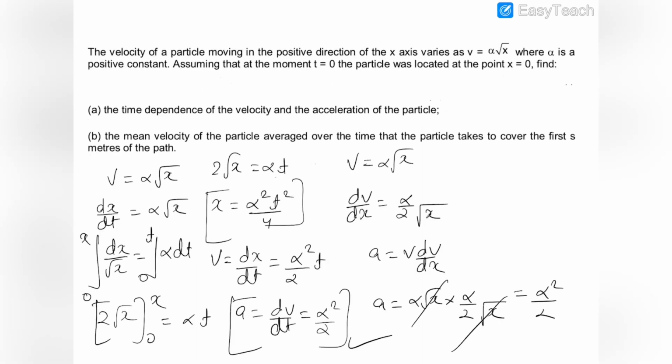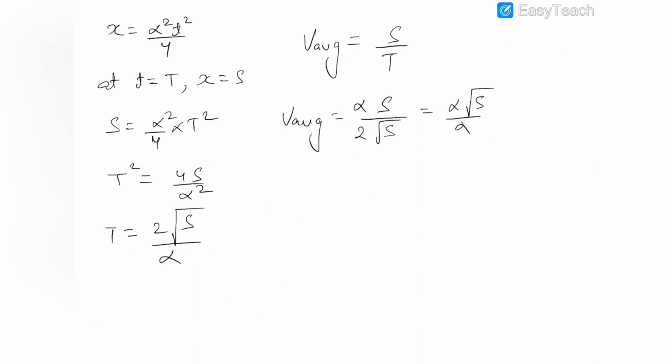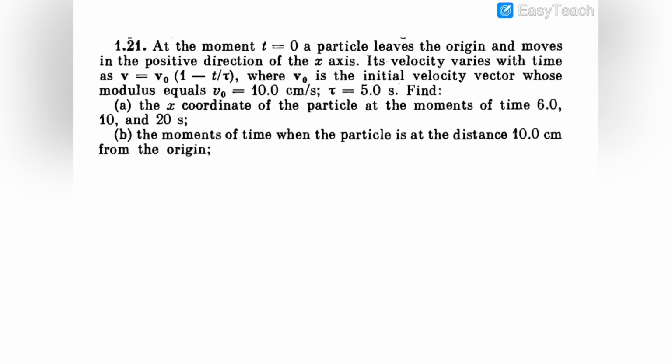Now let us move on to the next question. In this question, you can see that at t is equal to 0, a particle was at the origin and it moves in the positive direction of the x-axis. Its velocity varies with time like that, and v0 is the initial velocity of the particle whose magnitude was 10, and tau is another constant, which is 5 seconds.